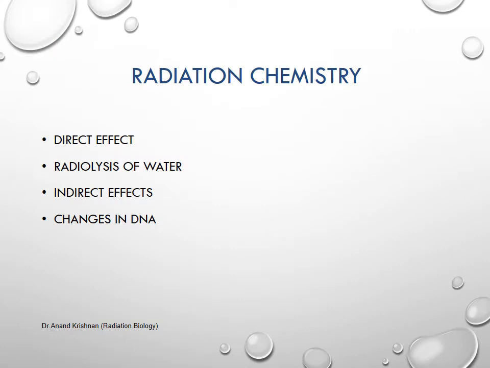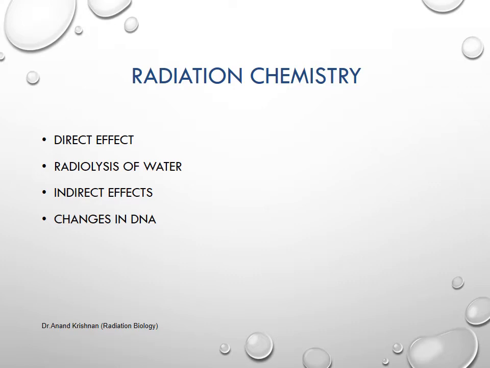So moving on to radiation chemistry, here we need to study the various theories of radiation biology. These are the topics that we'll be looking into: the direct effect, the radiolysis of water, the indirect effects, and the changes in the DNA.